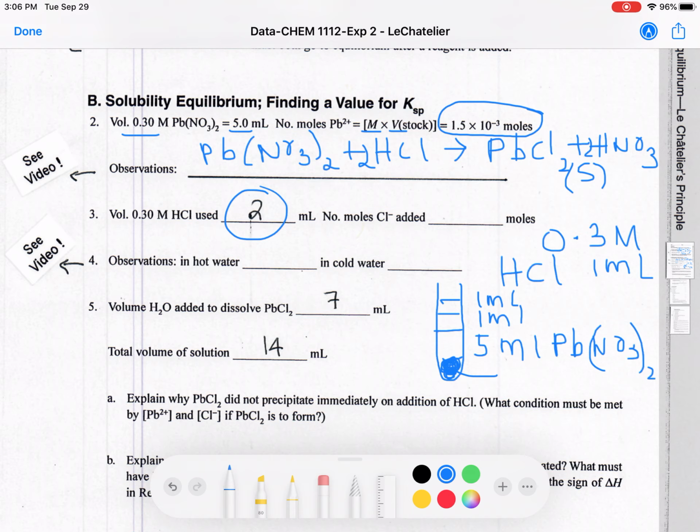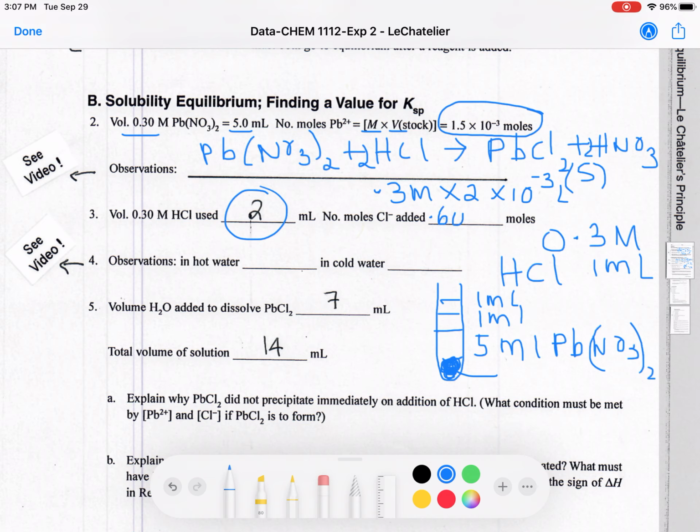Similarly, you can find out the number of moles of chloride added. The stock solution of hydrochloric acid is 0.3 molar, times the volume, which is 2 milliliters, so 2 times 10 to the negative 3. I'm calculating the number of moles of chloride added. So 0.3 times 2 is going to be 0.60.